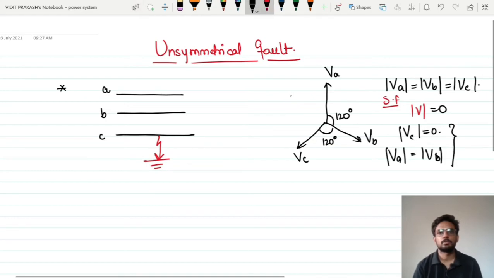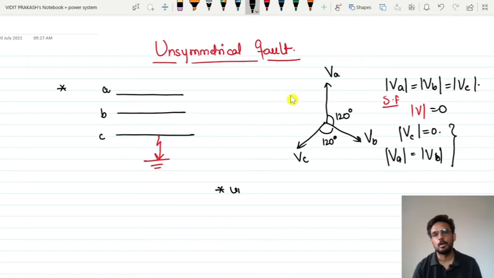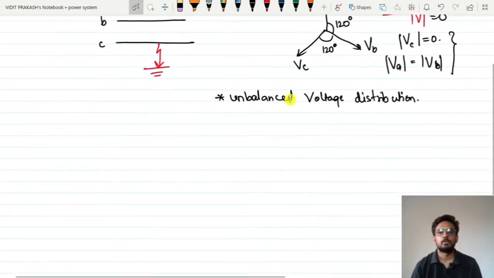Because of unsymmetrical fault, you will get unbalanced voltage or current distribution.